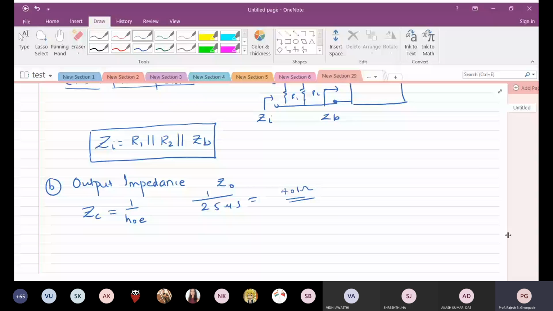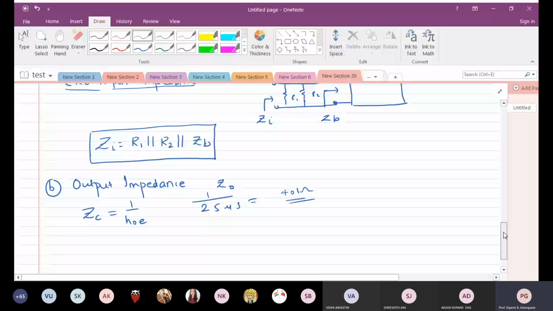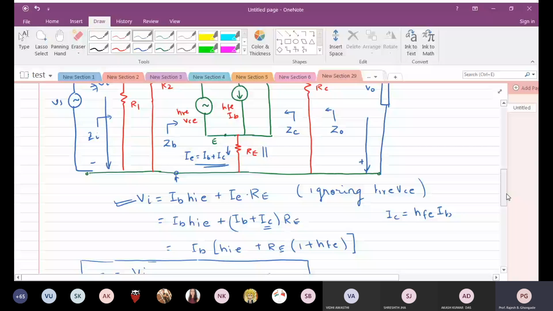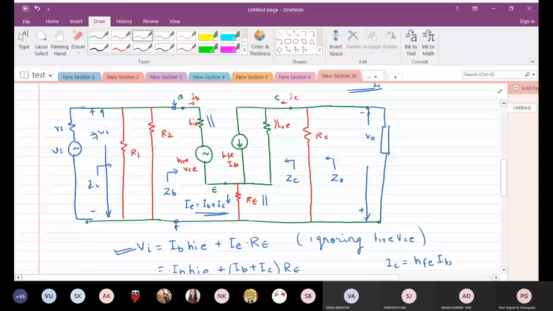Even if I have unbypassed RE, you may wonder that it will be 1 by HOE plus RE. That is the value of resistance that you see, no? Yes, sir. Again, typical values of RE are in the range of 1 to 2 kilo ohms.